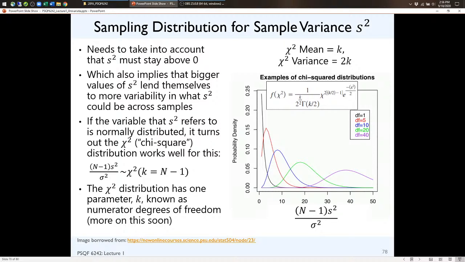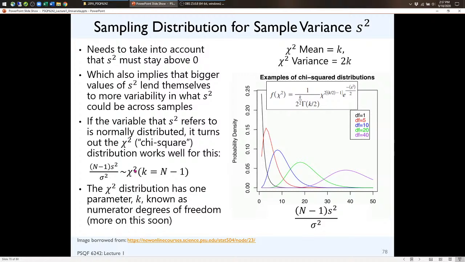And so the behavior of the sampling distribution of the variance depends on not only the number of subjects, but also the amount of variance. And again, people smarter than me figured this out, that you can use the chi-square distribution to help approximate the sampling distribution of a variance. And it looks like this, where we have a ratio of the sample variance to the population variance, weighted by the sample size minus 1. That's our friend denominator degrees of freedom. That ratio is distributed as this x-looking thing. That's chi.